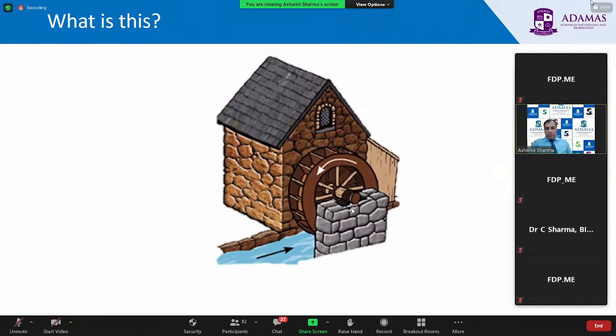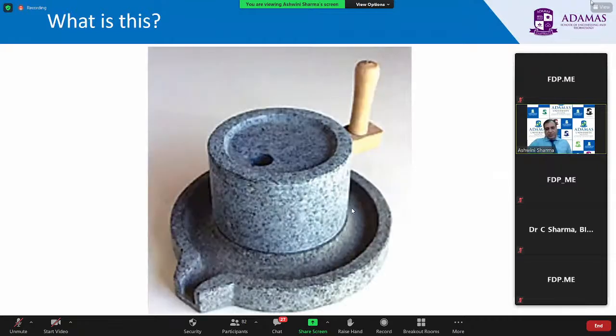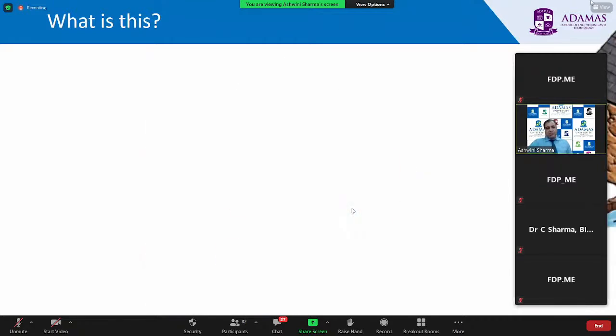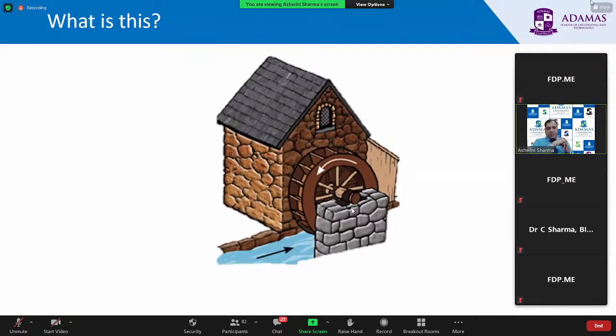The mechanical engineers might understand that this wheel might be rotating and something might be happening inside the hut. That something might be the same flour mill we saw in the primitive form, mechanized with the help of this process, in which the human effort could be very little.